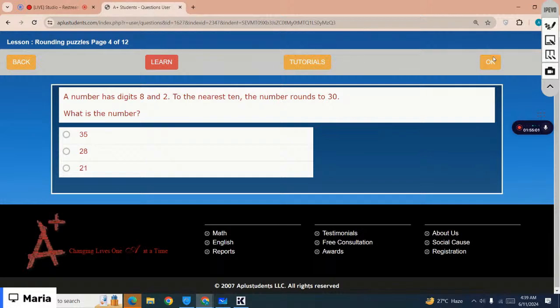A number has digits 8 and 2. To nearest 10, the number rounds to 30, which is the correct option.